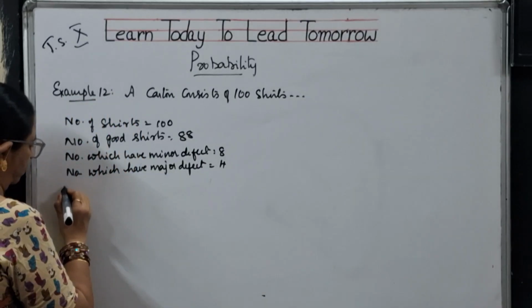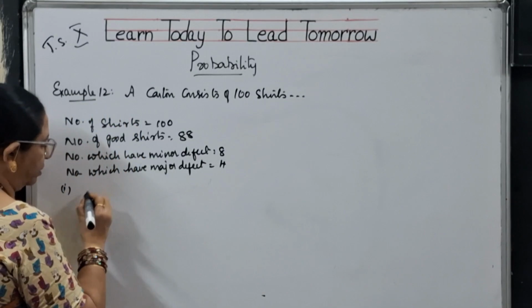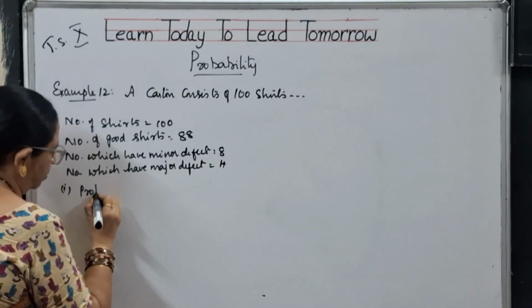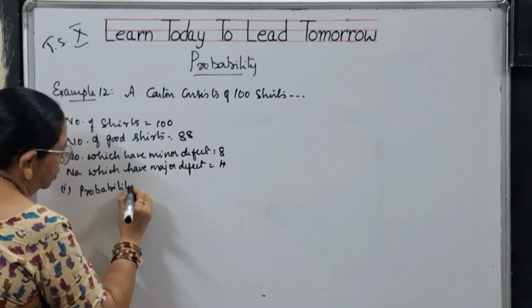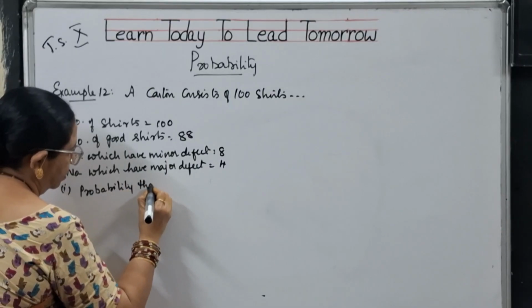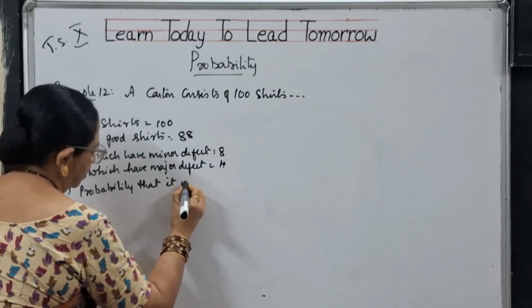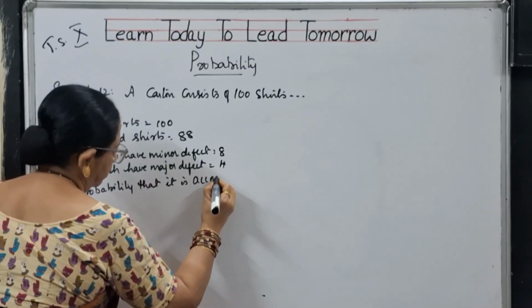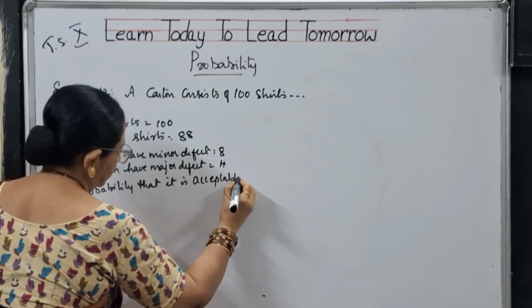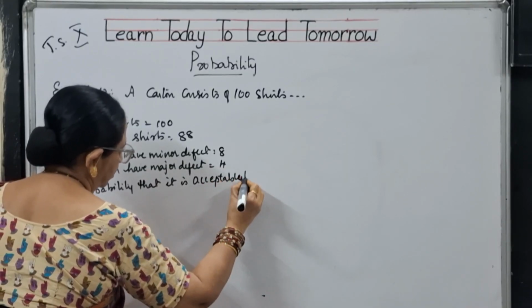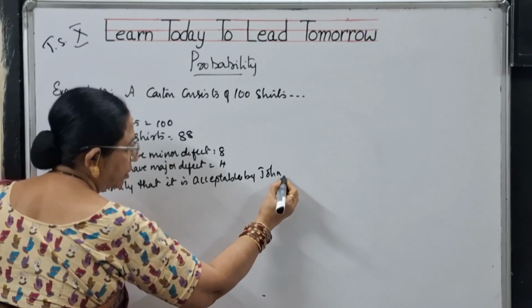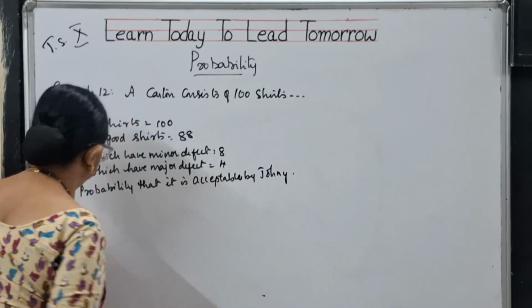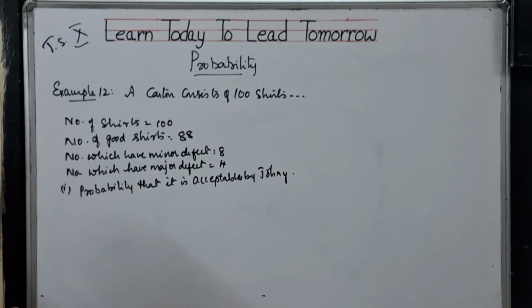Now the question is, what is the probability that it is acceptable by Johnny? So this is the first question. Probability that it is acceptable by Johnny.